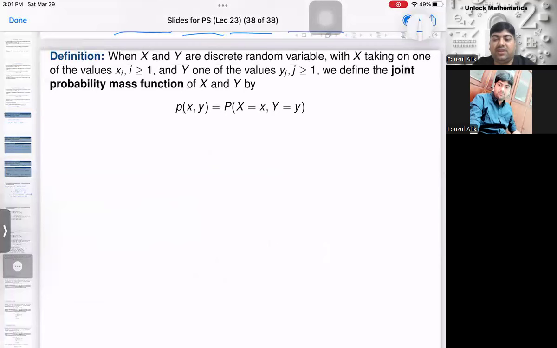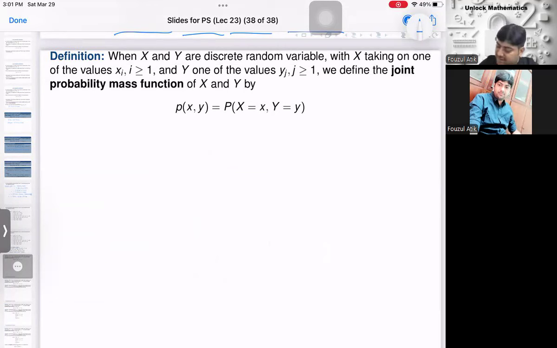Now, if I have that x and y are discrete type random variables, where x takes on one of the values xi, where i is greater or equal to 1, and y takes the values yj, where j is greater or equal to 1, then we can define the joint probability mass function.